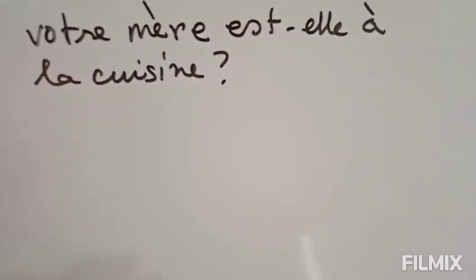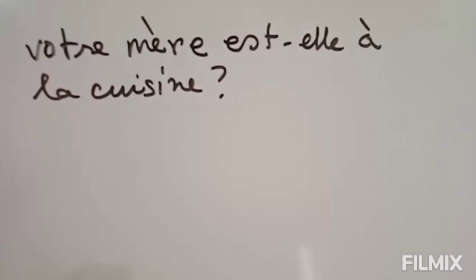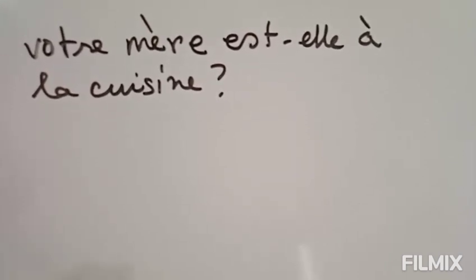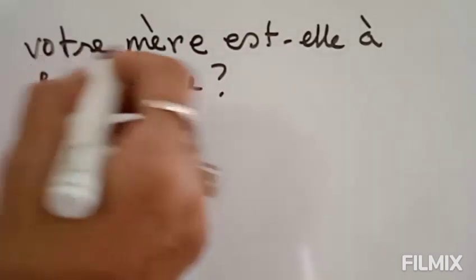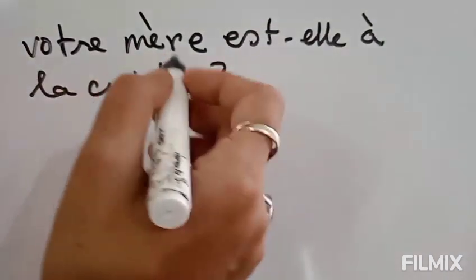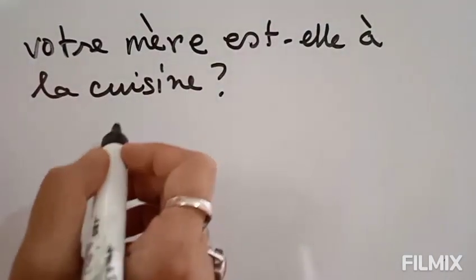Votre mère est-elle à la cuisine means: your mother, is she in the kitchen? This is the English meaning. Against this interrogation, you have to give one answer in affirmative and another answer in negative, using a pronoun. That means you cannot repeat votre mère; you have to use a pronoun in your answer.